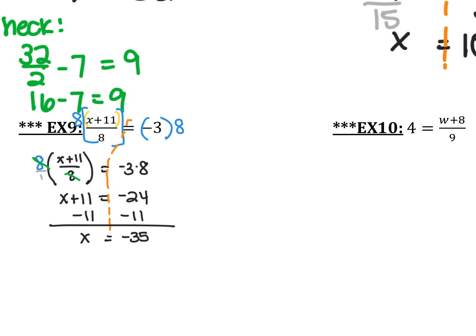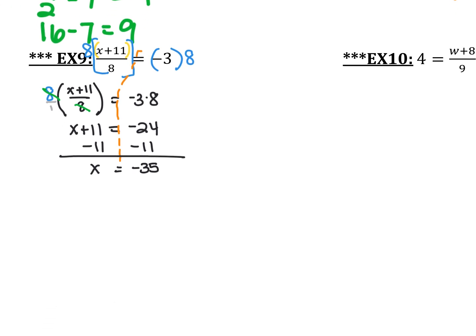Now I think it would be a wise idea to check your work on this one. So I'm going to check my work. I'm going to plug in negative 35 plus 11 over 8, and I'm going to hope it's negative 3. Now remember, having a fraction means that I need to do the numerator first and then deal with the denominator.